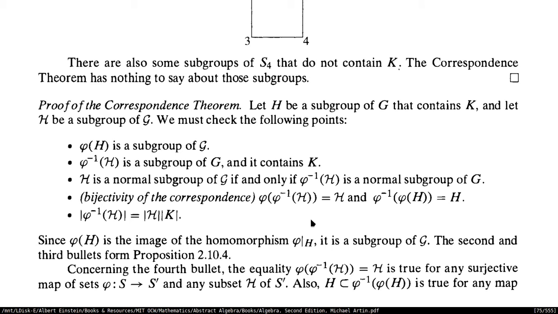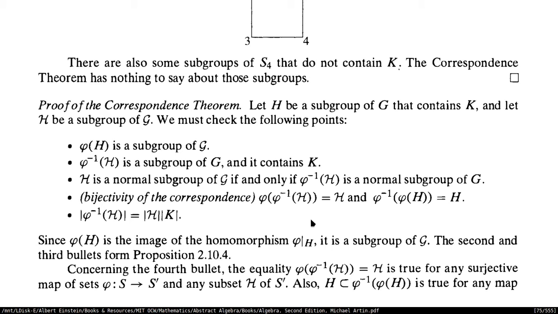So H, the normal H, which is in S, is going to be in the preimage of the image of H. So yeah, that makes sense. And this is true for any map phi of sets and any subset H of S.